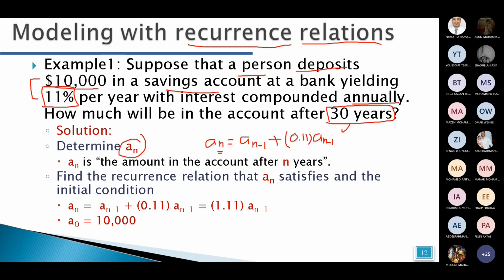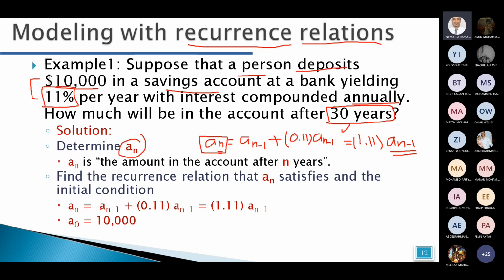So we can write this as 1.11, taking AN minus 1 as a common factor. So in the account this year, AN, is how much was there last year multiplied by 1.11.